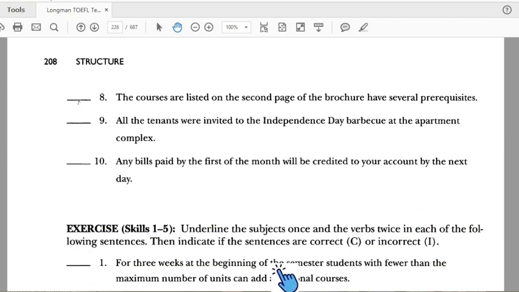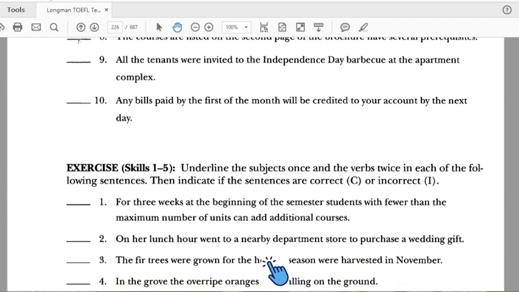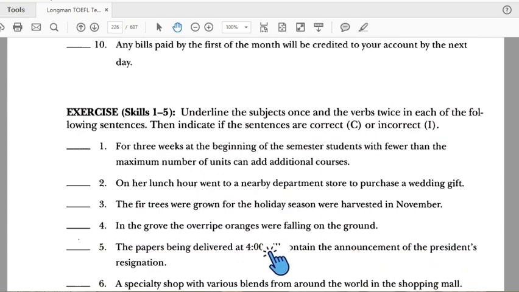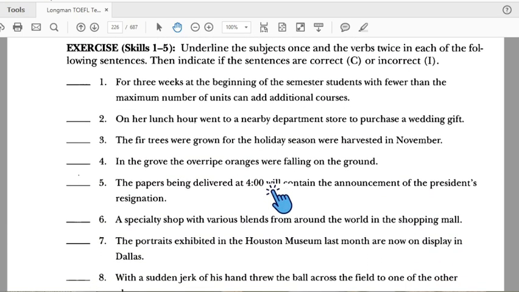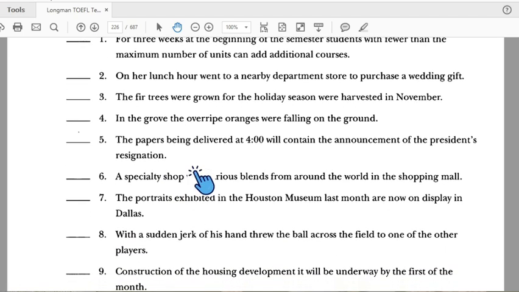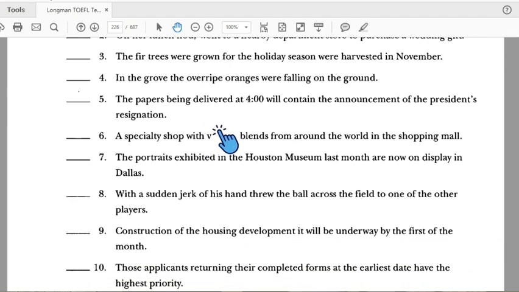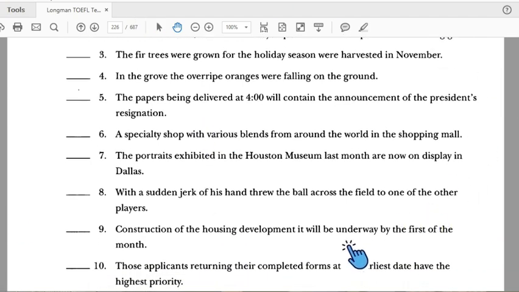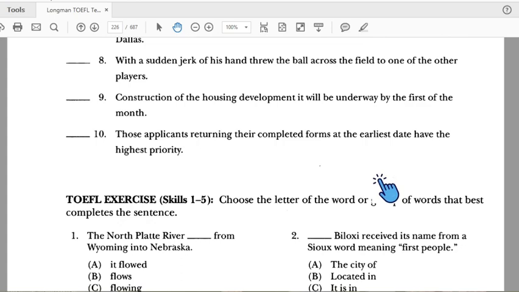Well guys, try to do the exercise. This skill is skill 1 until 5, so it is random. Okay, maybe number 1 is skill 1 or skill 2, I don't know. Maybe number 7 is skill 5 or skill 3. Try to do it, 1 until 10. Okay, there are 20 items.